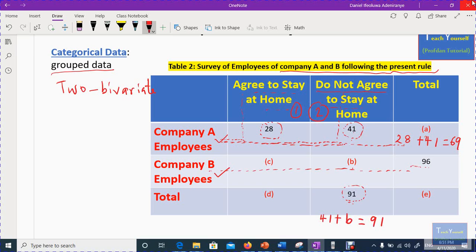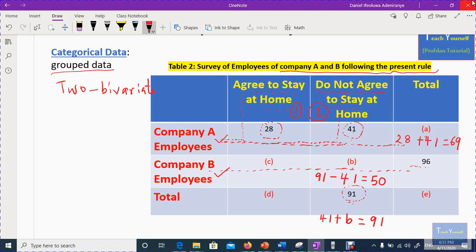So to get B is going to be 91 minus 41, and that is going to give us 50. How do you describe the 50? For company B employees, that is the row it belongs to, do not agree to stay at home. 50 of them do not agree to stay at home.